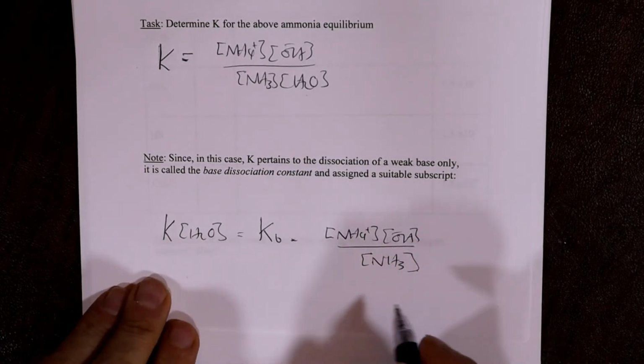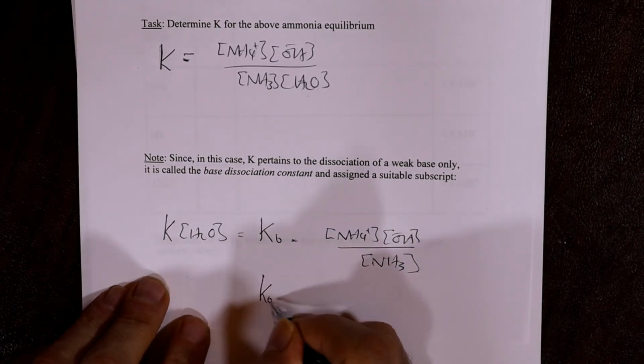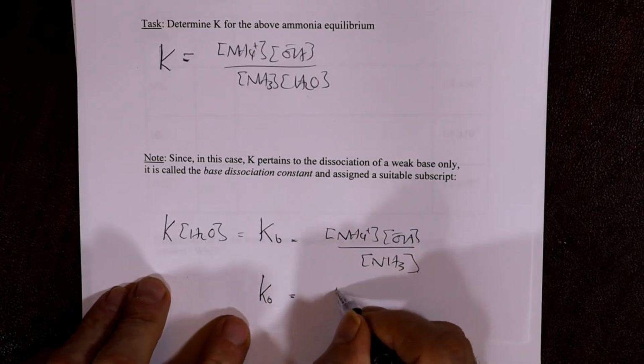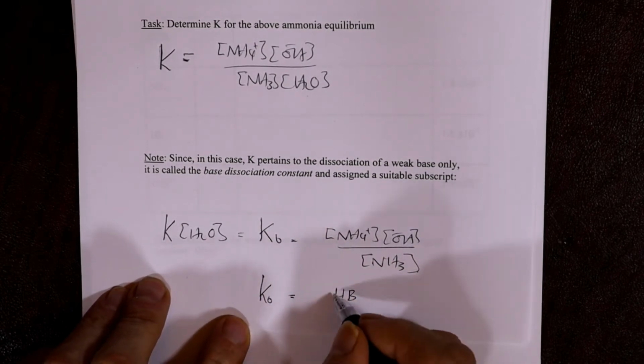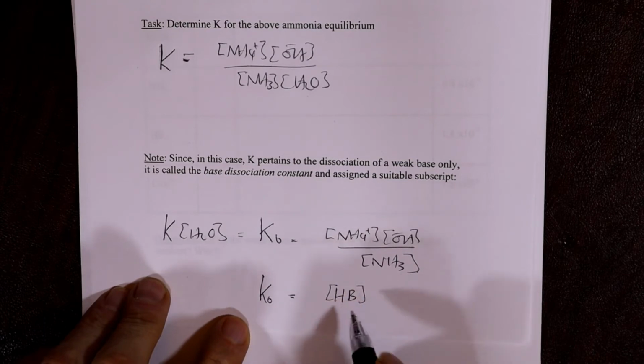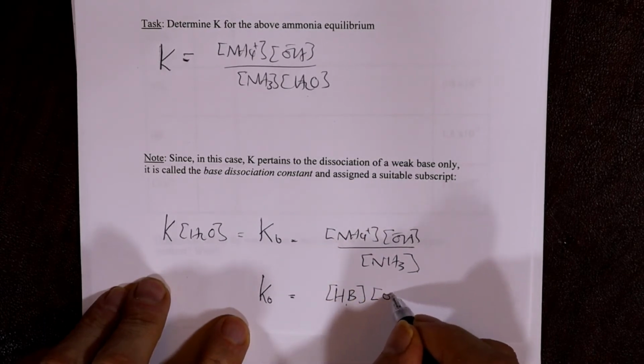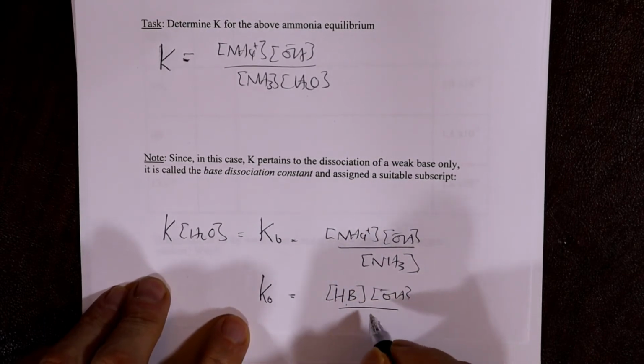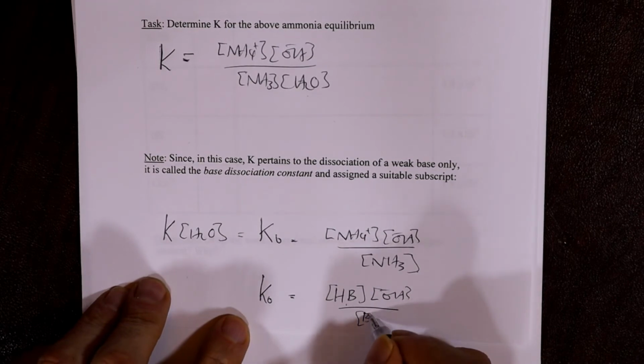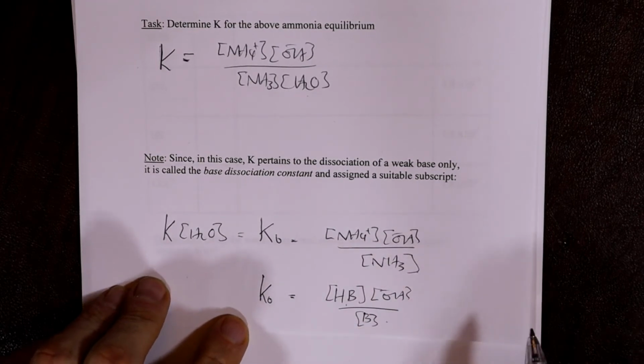If I'm more generic here, Kb for a generic base equals conjugate acid times OH minus over B for base. We're using a more generic form.